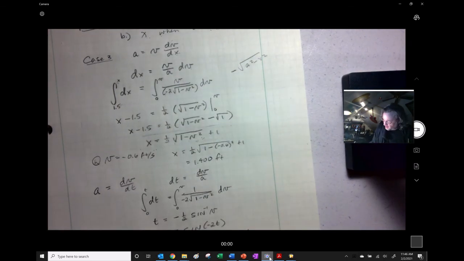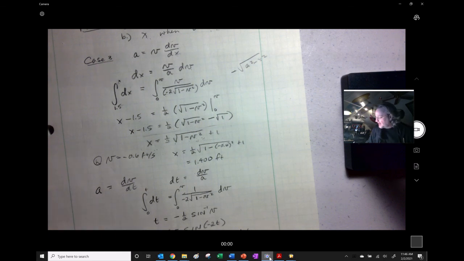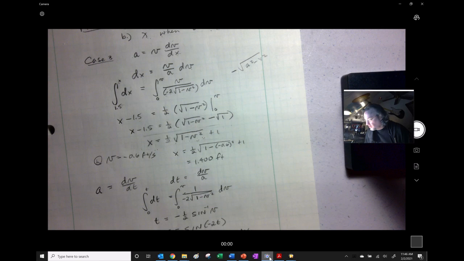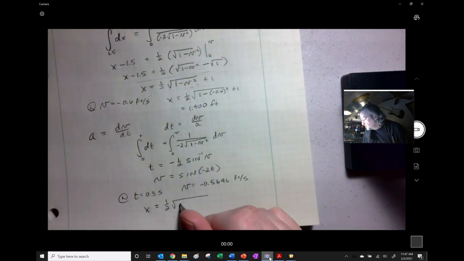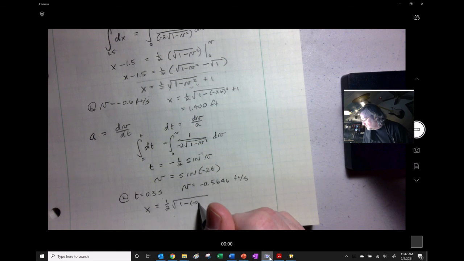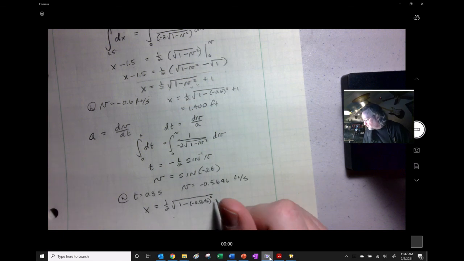So I say that x is equal to 1/2 square root of 1 minus negative 0.5646 squared, which is really close actually to that negative 0.6 that we had before, which is weird. I don't know why the creators of this would have done that.